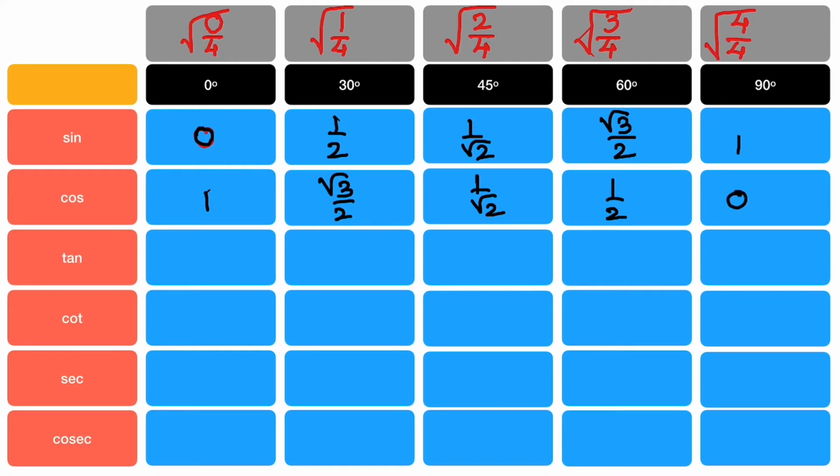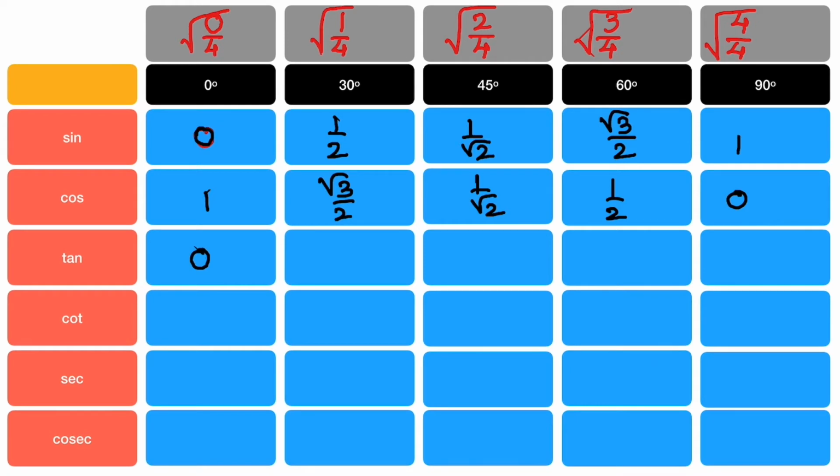After having found out the values for sine and cos, let's proceed to tan. We know that tan theta is equal to sine theta upon cos theta. Therefore, to get the value of tan 0, we divide sine 0 by cos 0. That is 0 upon 1, which is 0.